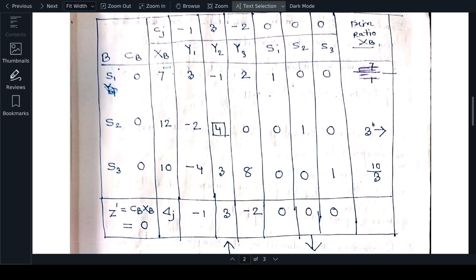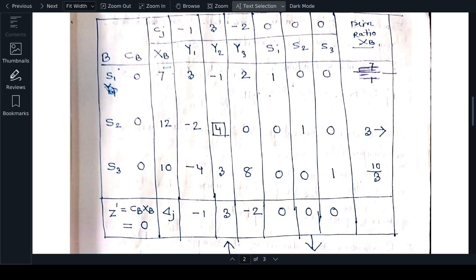Sir, we won't be able to take the negative one, right? I mean, 7 by -1 will be -7, but we won't take a minus as a minimum ratio, right? No, if the minimum ratio is negative or infinite, then we will not consider it. The reason is there will be some problem in the next table, in the iteration.